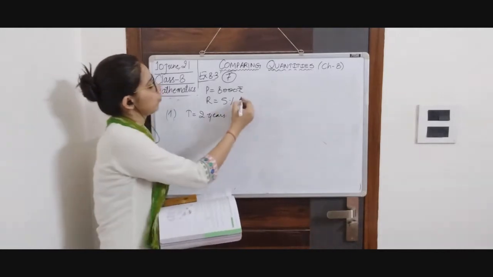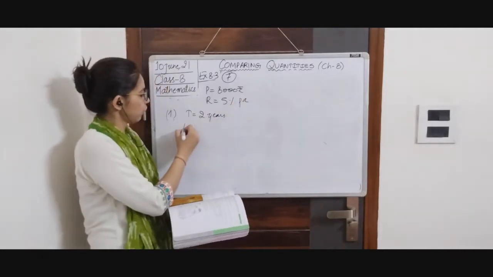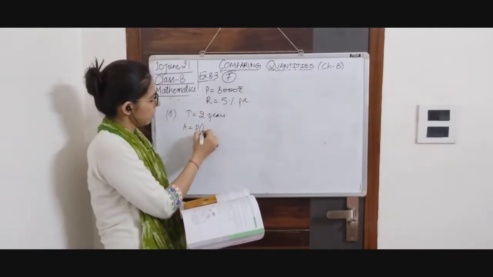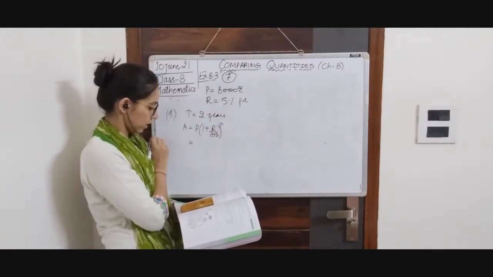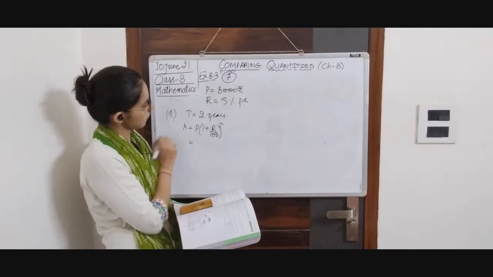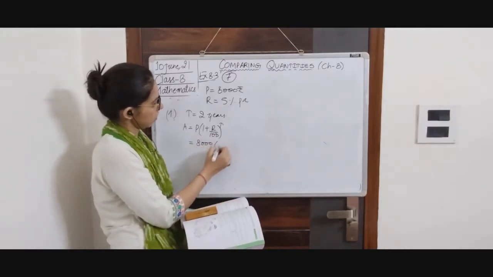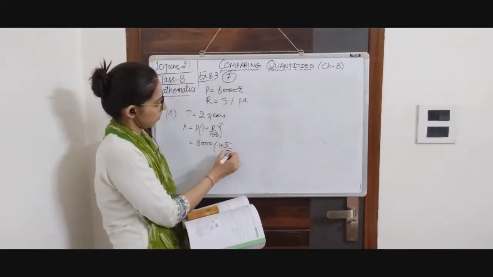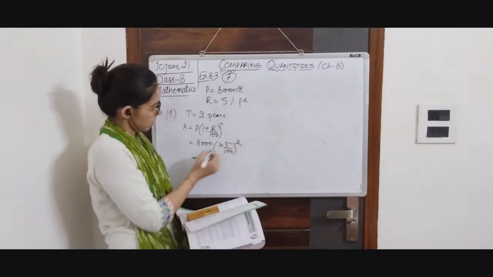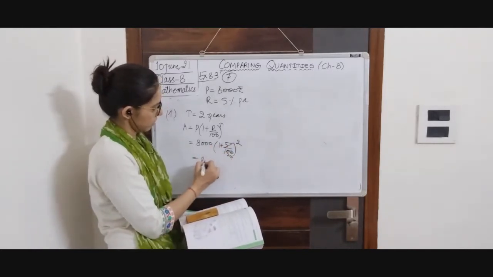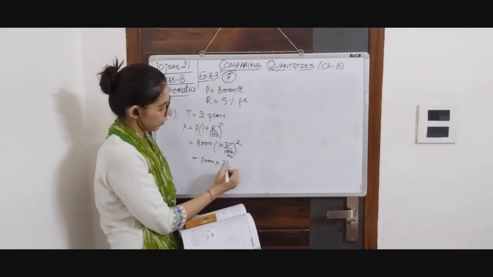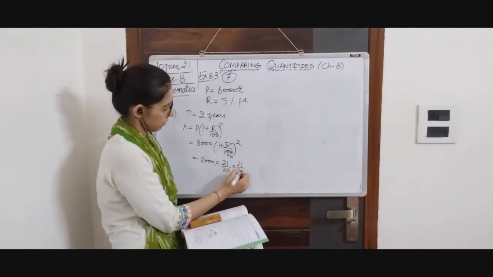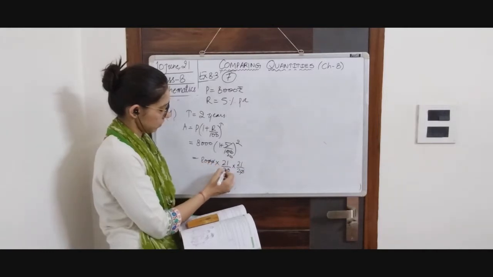Compounded annually, so we don't have to change R or T. So amount will be P into 1 plus R by 100 to the power T. It will be 8000 into 1 plus 5 by 100 to the power T, which is 8000 into 21 by 20 to the power 2, meaning we have to multiply 2 times.